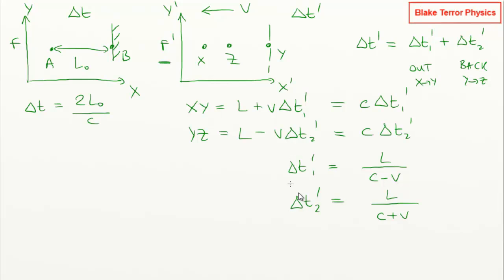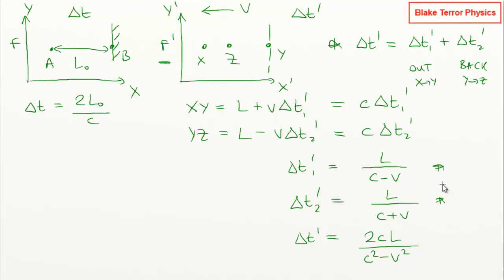And we know if we add these two together, we get delta t prime. So delta t prime is going to be a combination of the two of them. We did exactly this combination in the Michelson-Morley experiment calculations. So we end up having 2cL divided by c squared minus v squared. That's just adding these two fractions together, getting them over a common denominator.